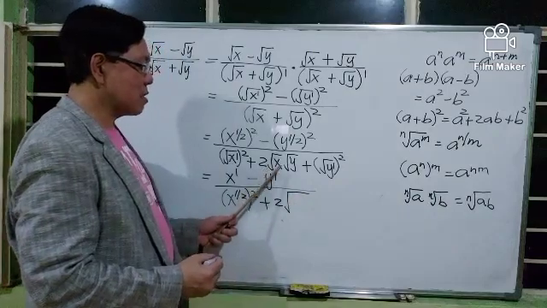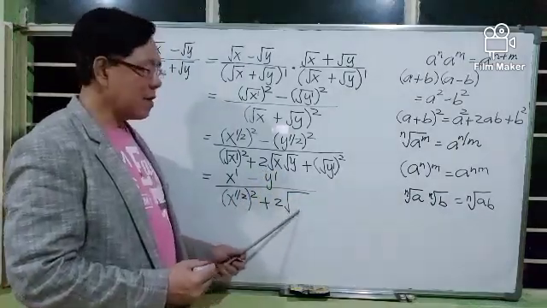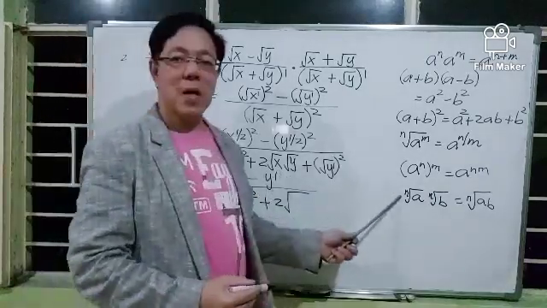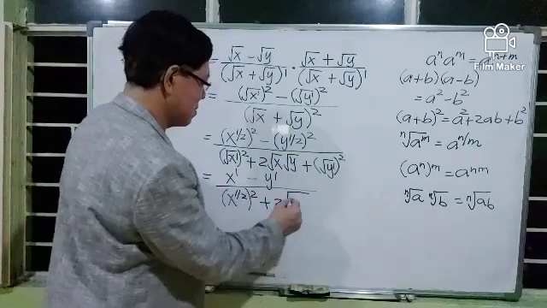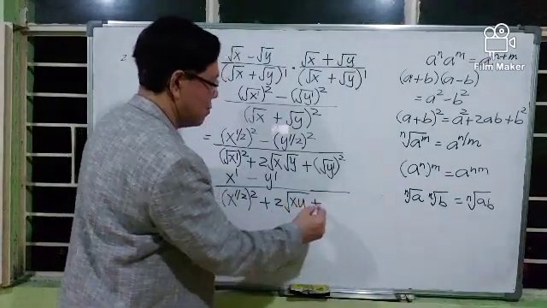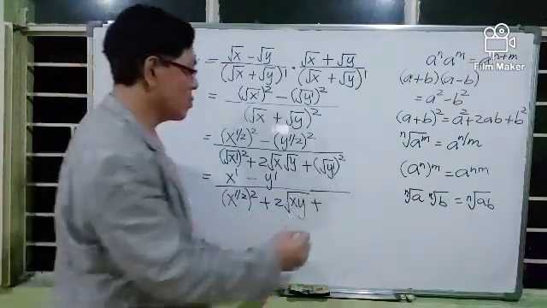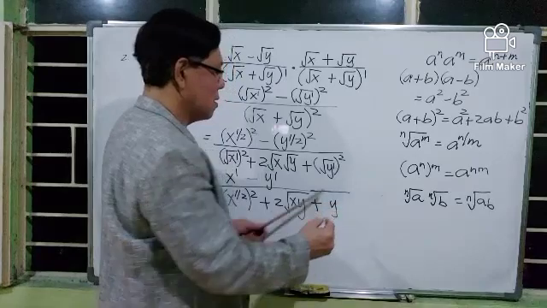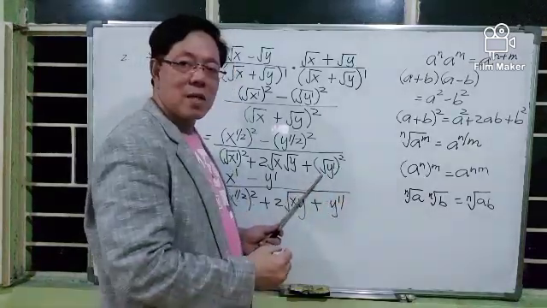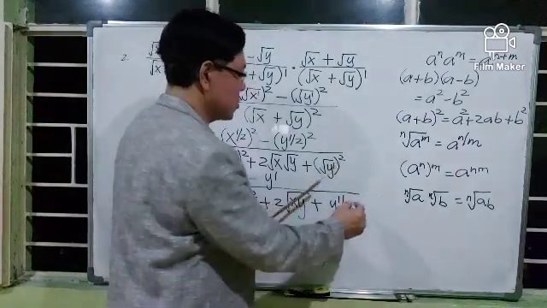The common index is 2 for square root. That's why we have square root here. And the radicand is the product of x and y by this property of radical. Plus square root of y raised to 1 is y raised to 1 divided by the index of the radical sign 2, raised to the power 2.